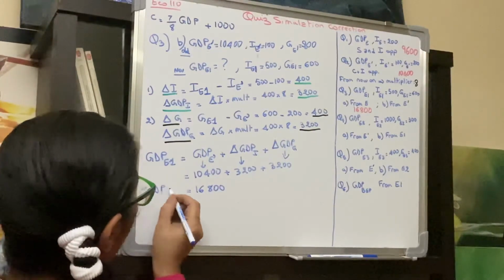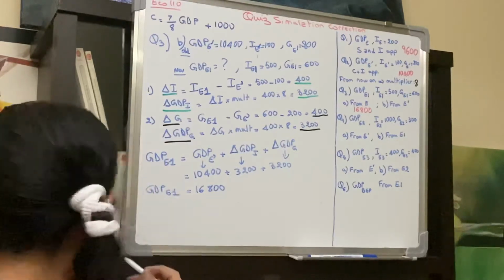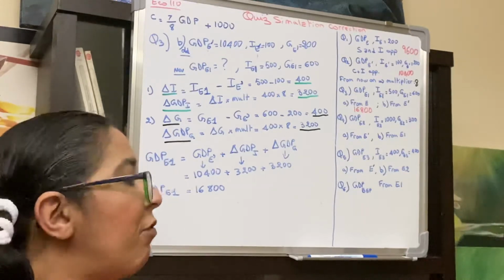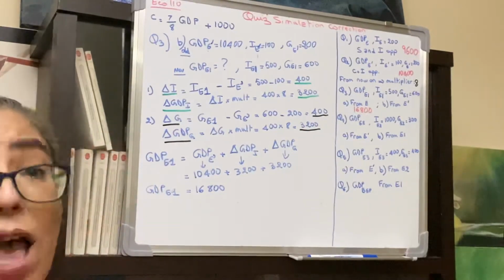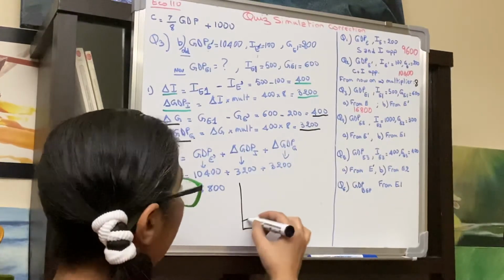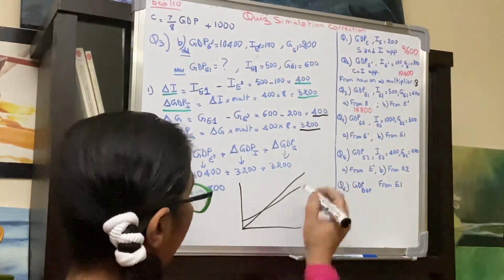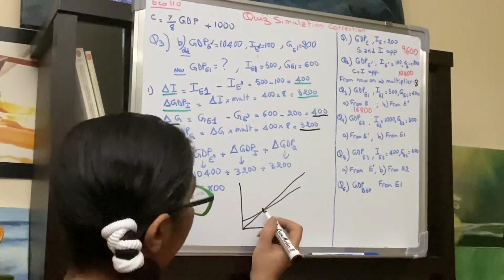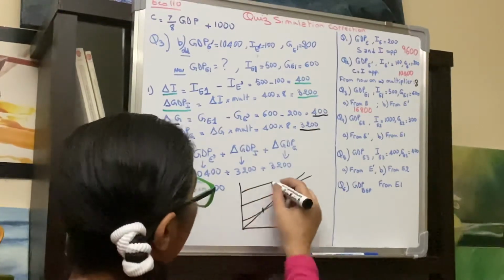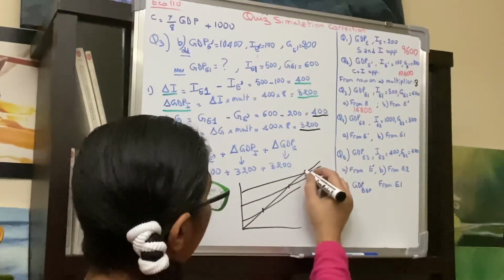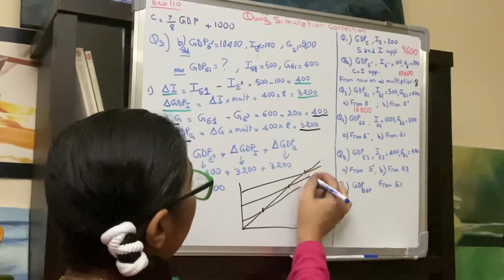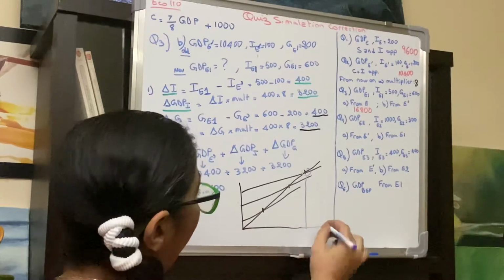GDP at E1. So the trick is, whether you start from E or E prime or whatever other point, you have to land in the one you're looking for to explain it, okay? Here is a point, here is another point, and here is another point. Let's imagine this is the GDP you're looking for, okay?